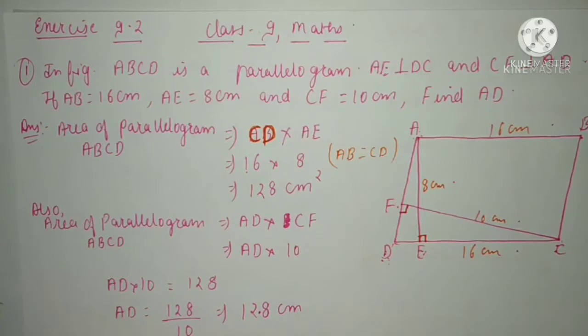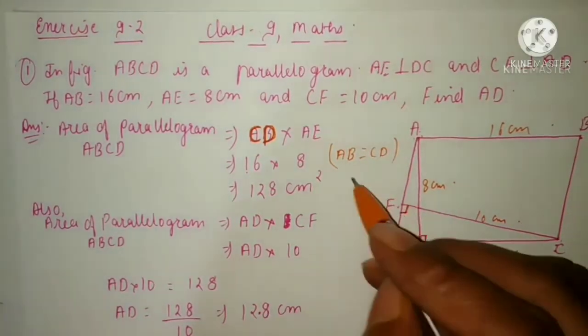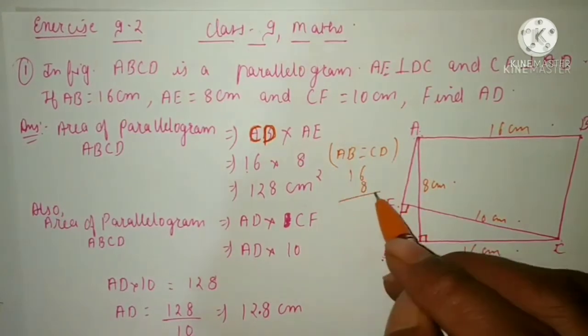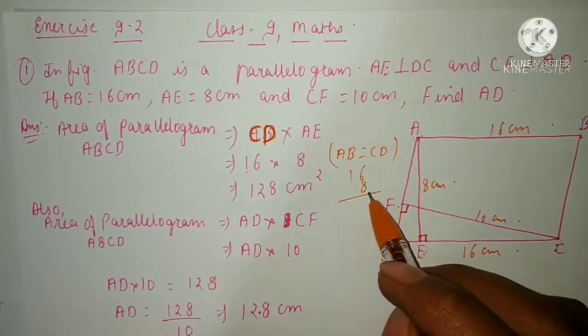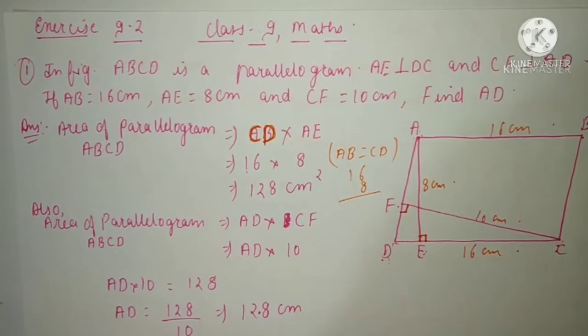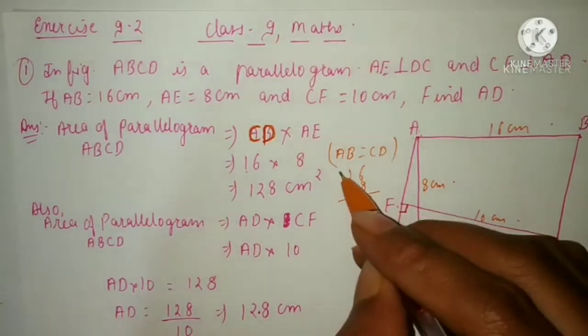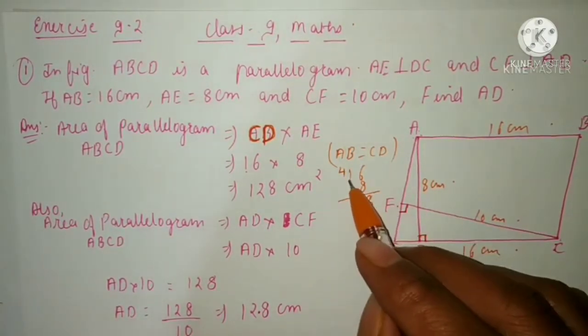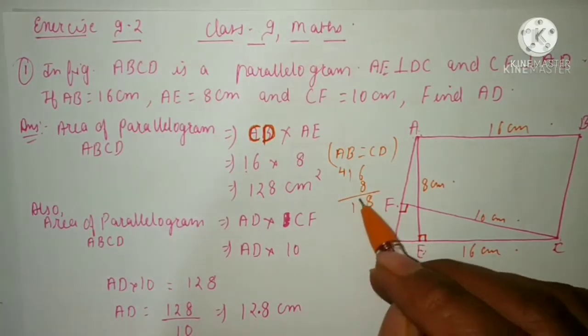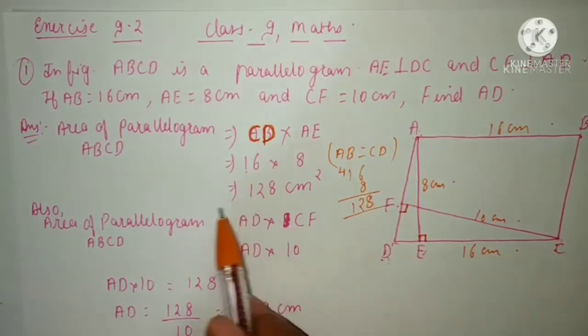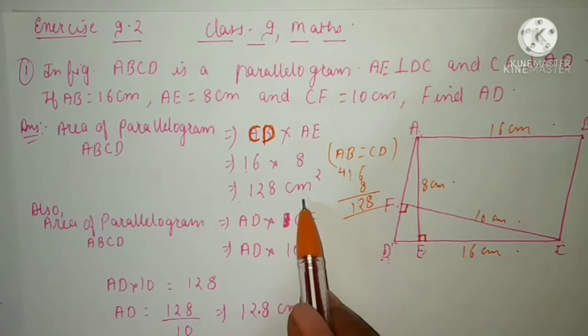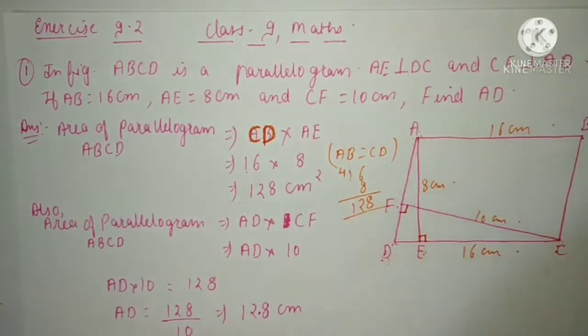They are the opposite sides of a parallelogram. Now what is 16 into 8? Multiply this. 8 times 6 is 48. So 8, 4 carry. Now 8 times 1 is 8 plus 4, 12. So our area is equal to 128 centimeter square.